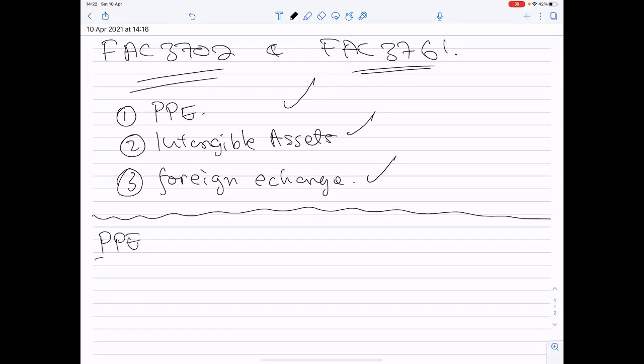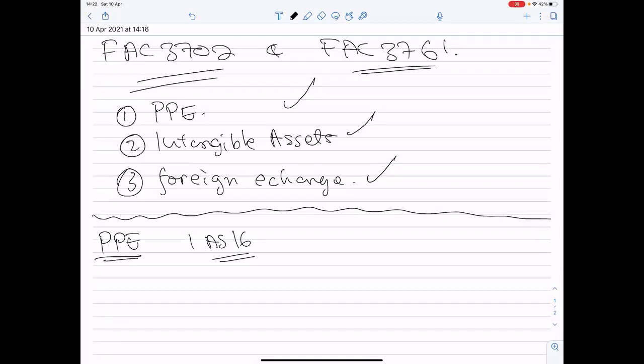Now, with PPE, you are looking at International Accounting Standard number 16. So IAS 16 will be looking at the measurement and recognition of property, plant, and equipment, where it will define what an asset is. Are we together?